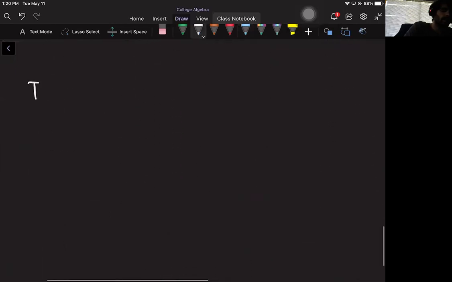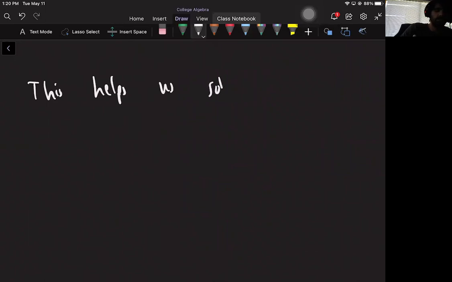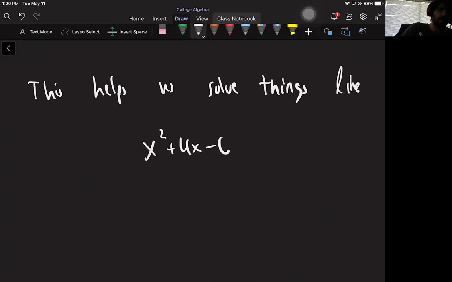So this helps us solve things like this. So let's see, x squared plus 4x minus 6. Can I just factor this one? I don't know, I just made it up. But let's just pretend we can't factor it, even if we can.